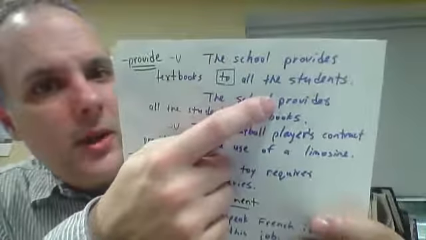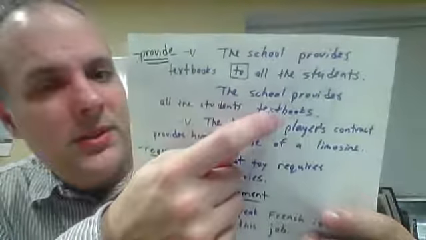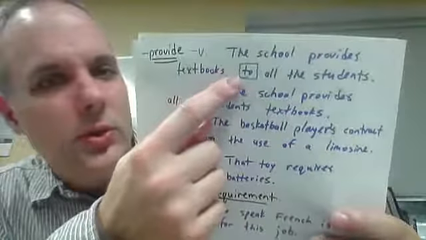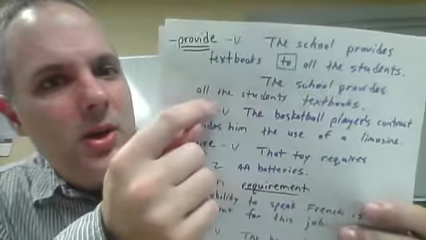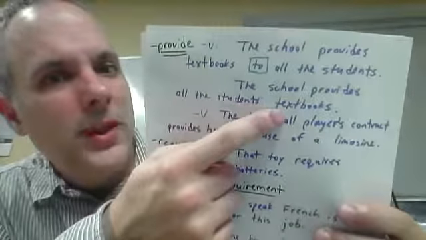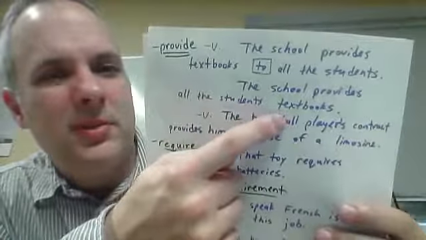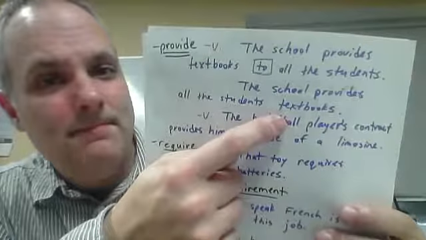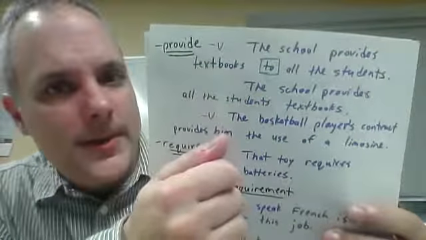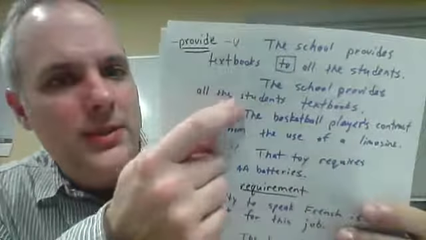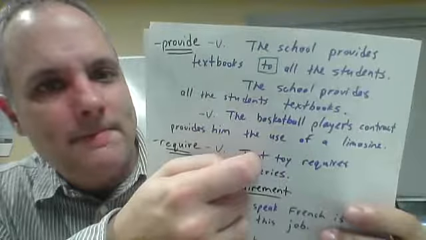Because the direct object of provides, the textbooks, is last, we don't use the to. Okay? This is tricky English. The school provides all the students textbooks. The school provides to all the students textbooks. Don't need it, okay? So, look at the difference in these two. Try to understand. All the students is the indirect object, and textbooks is the direct object, okay?